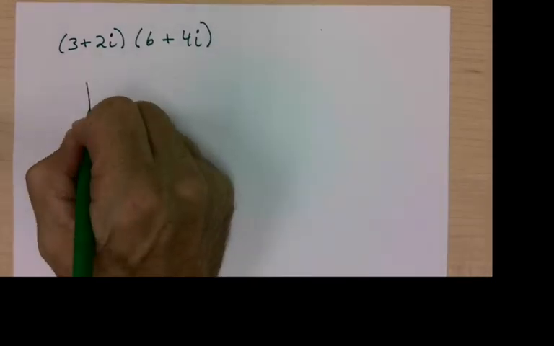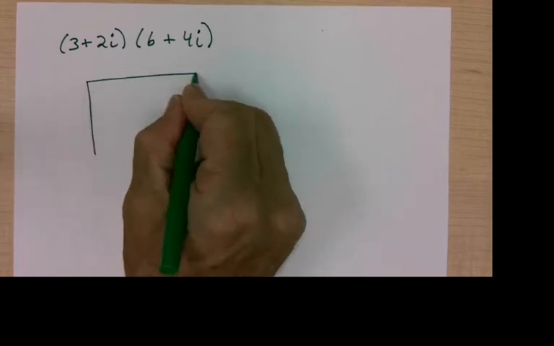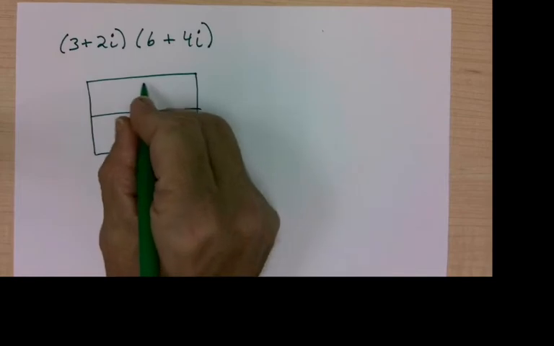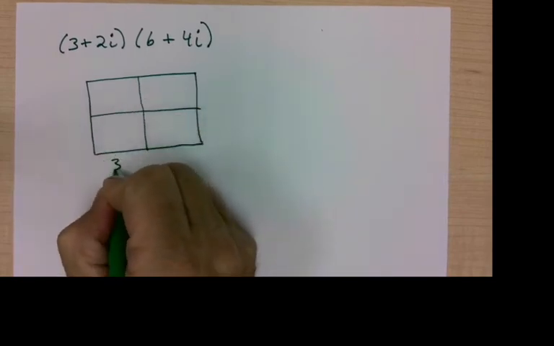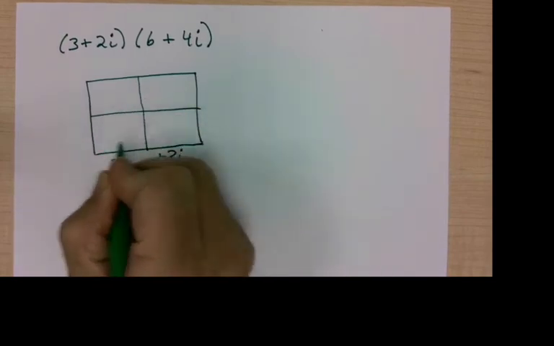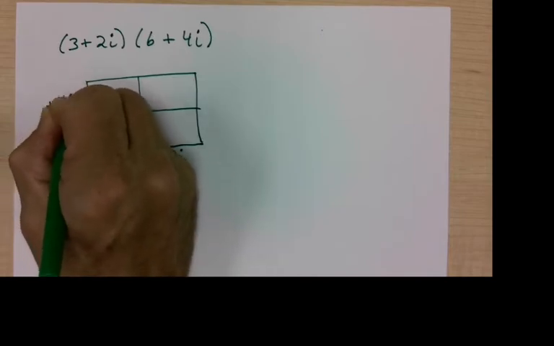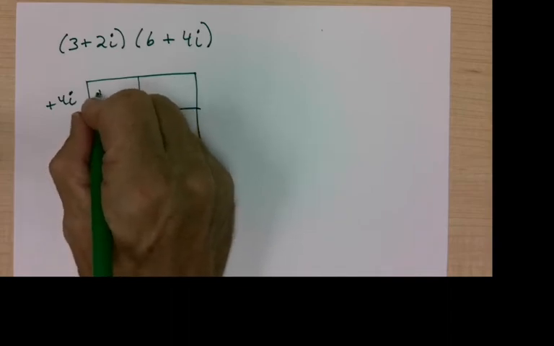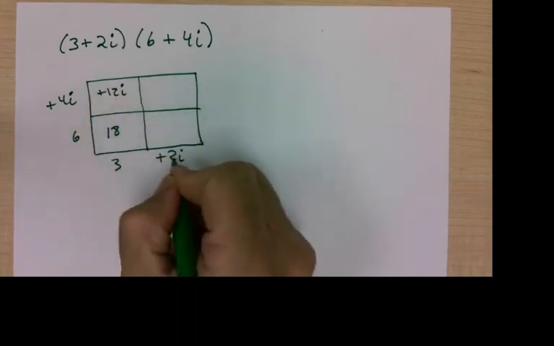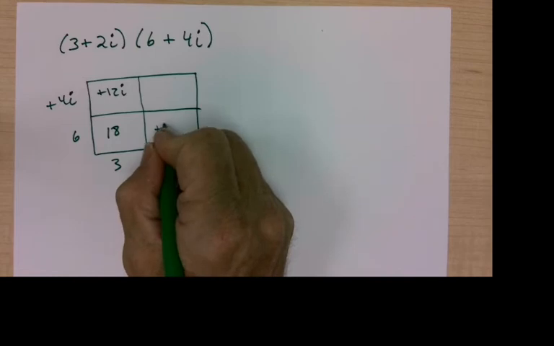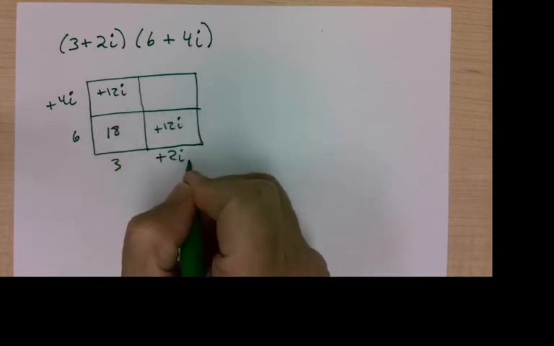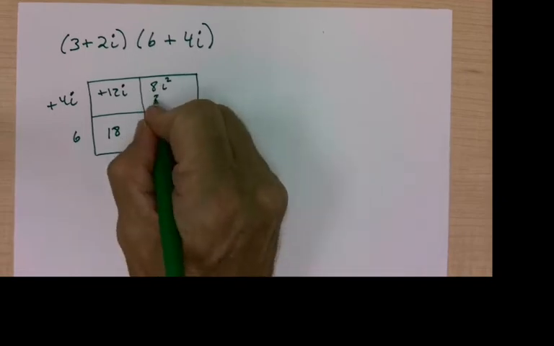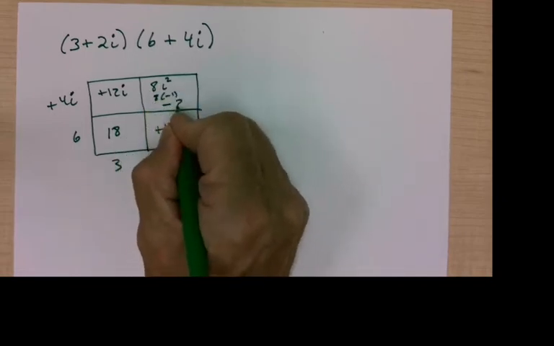Again, we're going to use our multiplication box and see what that looks like. 3 plus 2i, 6 plus 4i. 6 times 3 is 18. 4i times 3 is plus 12i. 6 times plus 2i is another plus 12i. 4i times 2i is 8i squared. i squared is negative 1. That's 8 times negative 1. That's negative 8.